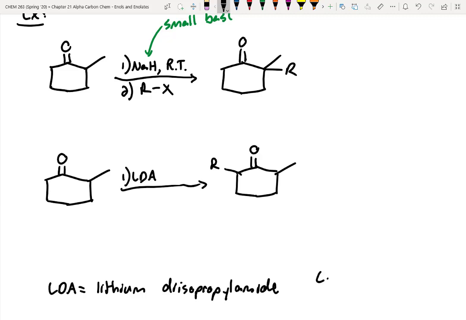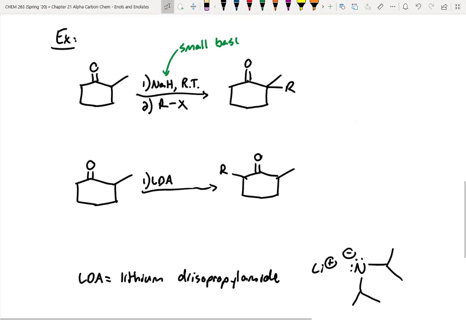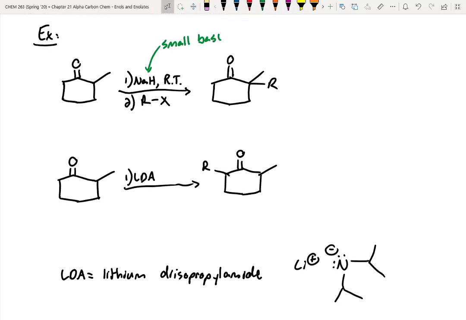What this looks like is an ion pair, so lithium is the cation, and then you've got a nitrogen with a negative charge as the anion, with 2 isopropyl groups coming off of it. And these isopropyl groups are quite bulky, which means it's going to have a harder time reaching the more hindered proton.